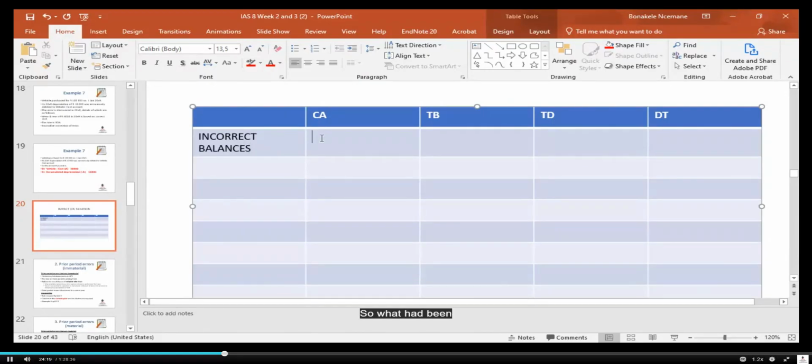So what would have been the carrying amount of the asset on this date?